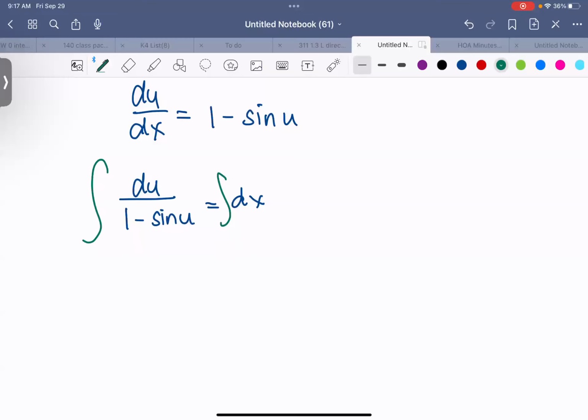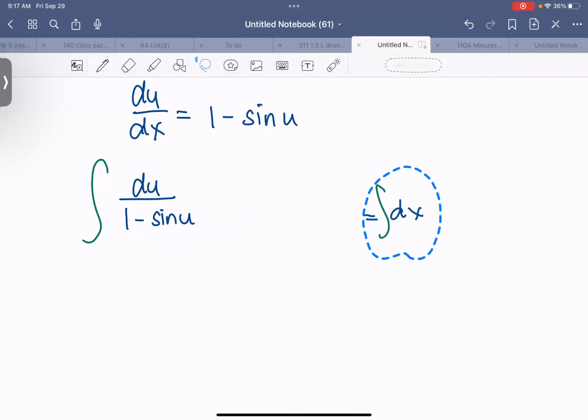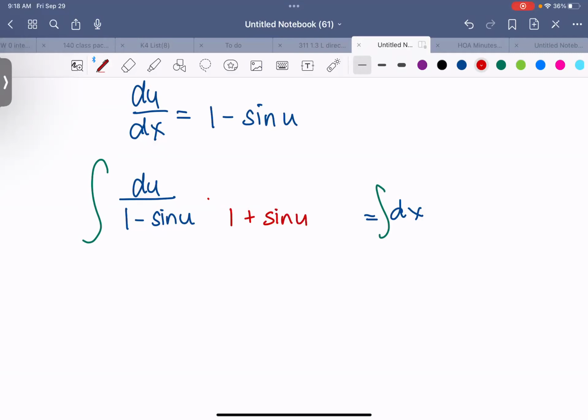Okay, so what's another way that we can make the denominator 1 minus sine u? There we go. Use the conjugate, right? What does that do for us?